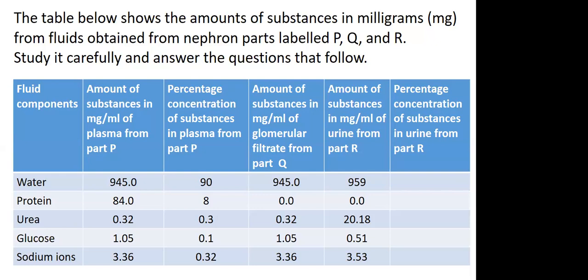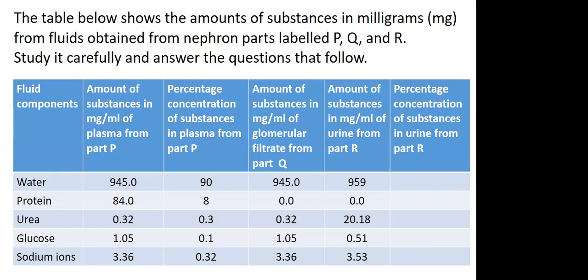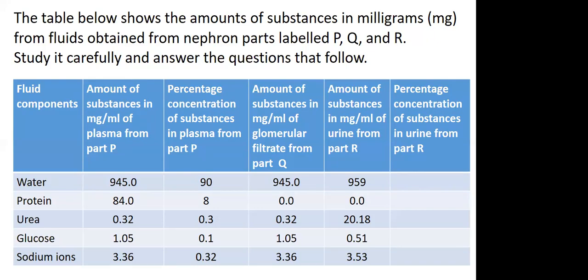Distal convoluted tubule? Not quite. Jocelyn? Loop of Henle. Loop of Henle, not quite. Another try. Camillus? Collecting duct. Yeah, it could be the collecting duct.